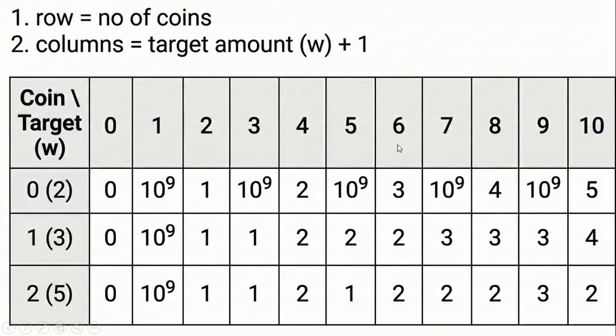Yes, I have to give him 3 coins of 2 rupees to get the final result of 6. Here I write 3 because our coin is 2. Again the same result for 7, 8, 9, 10. If I want to give him 10 rupees, I have to give him 5 coins of 2 rupees. So here I write 5. I cannot give him 9, I can give him 4.